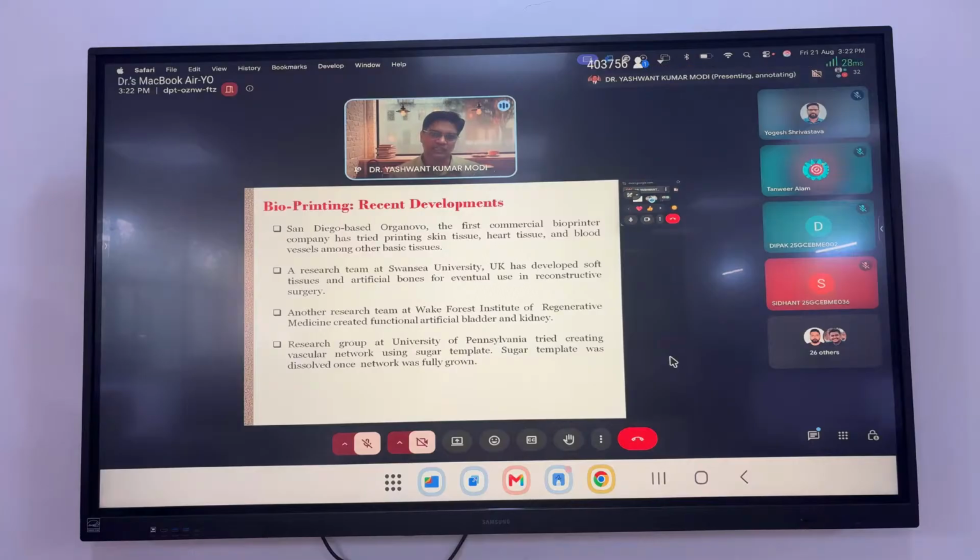So far they have had some success in printing certain organs, but there are still many challenges. Vascularization is one challenge that needs to be overcome, because making small veins inside a human organ is very difficult, and researchers are trying to do that.